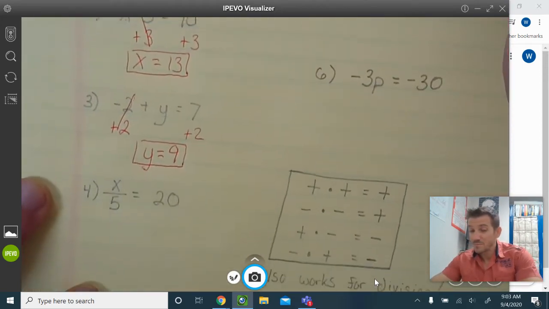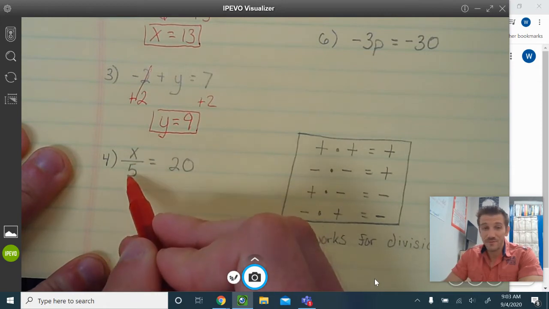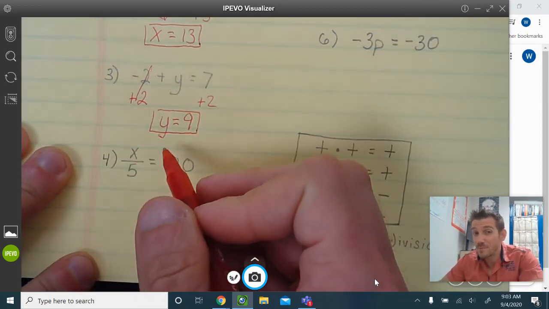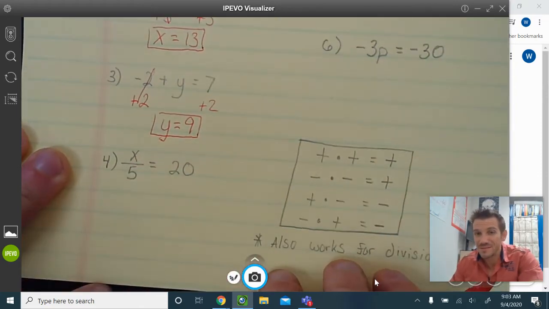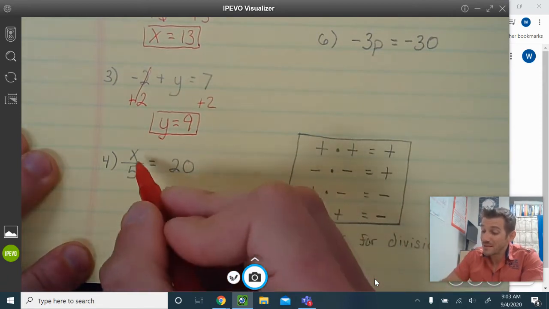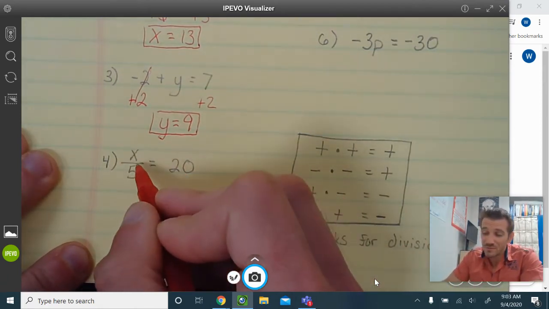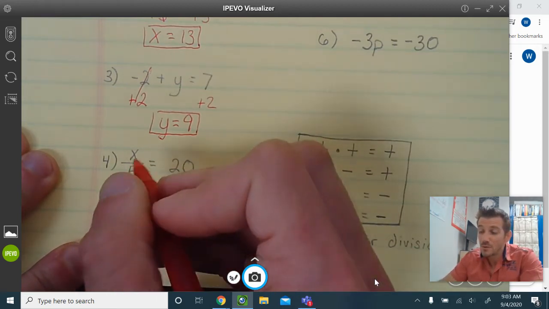Okay, next one, number 4, x over 5. So I know this looks like a fraction. It is a fraction, but what does this bar actually represent? It represents division. So x divided by 5 equals 20. Well, how do you get rid of something divided by 5? Obviously, we want to do the opposite.